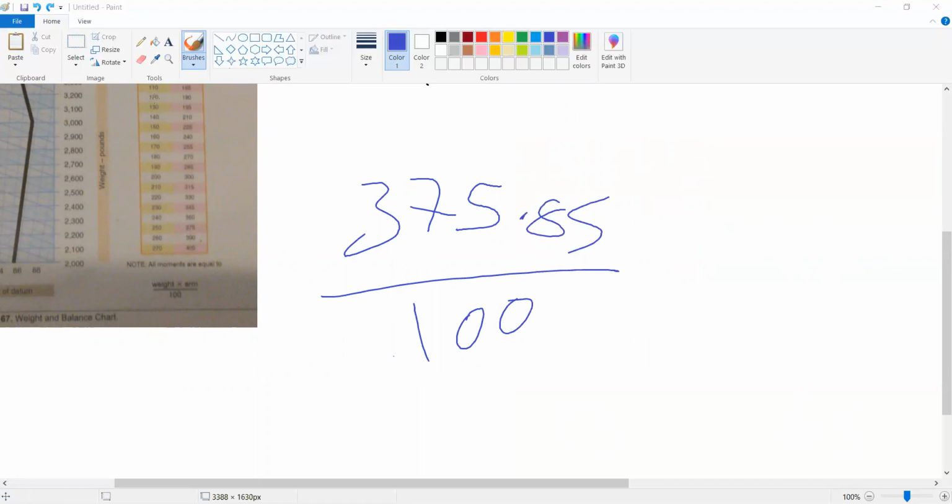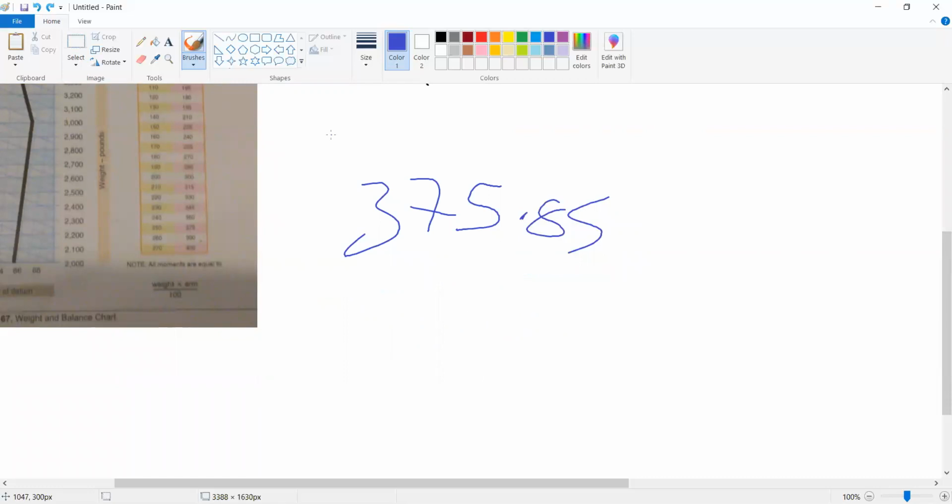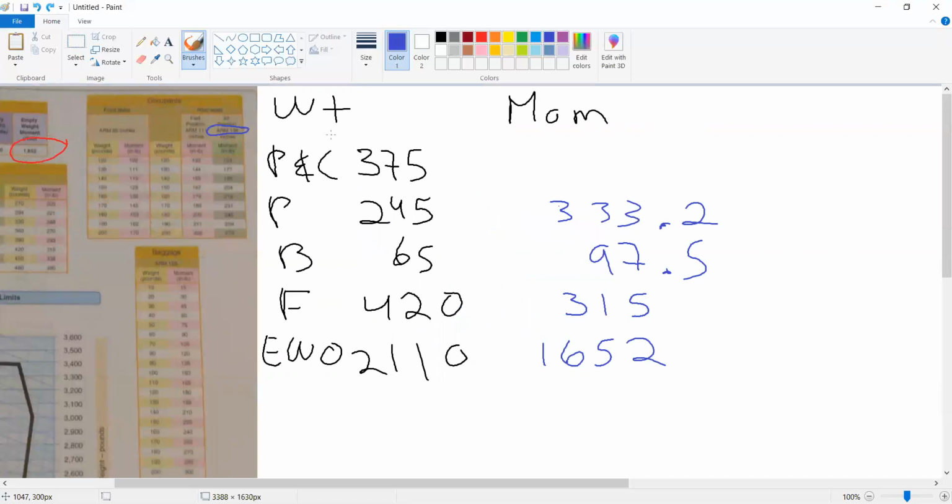So we have 375 times 85 equals 31,875. Just move the decimal place two places, and that gives us 318.75.